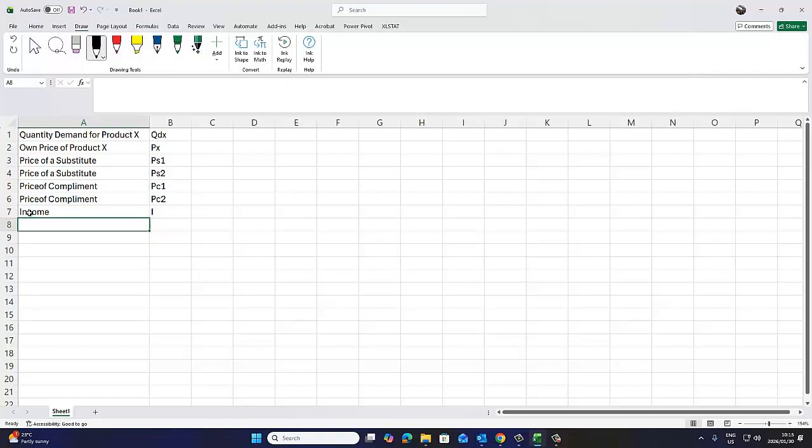You may buy more Coke, you may buy more holidays, but you're not going to buy more bread because you can only eat so much bread. You might actually buy less chicken and buy more beef, for example. So income could be good for that product, indifferent to that product, or bad for the product. Who knows?